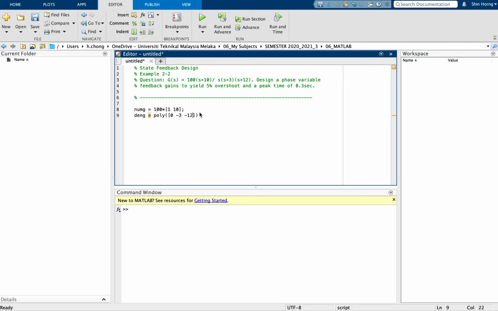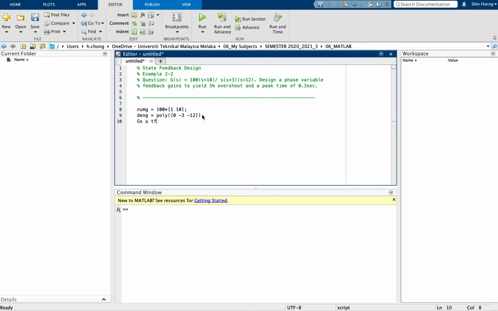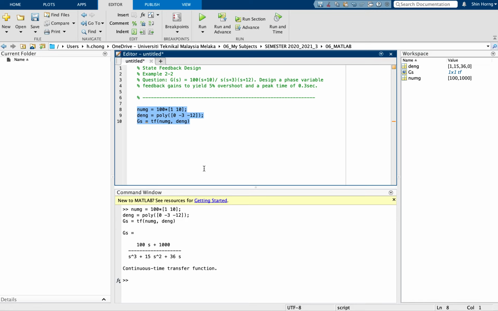Then our G(s) is a transfer function. We use the transfer function command, so we can get the transfer function. Okay, let's run our script. Yeah, this is what we should have, the transfer function.